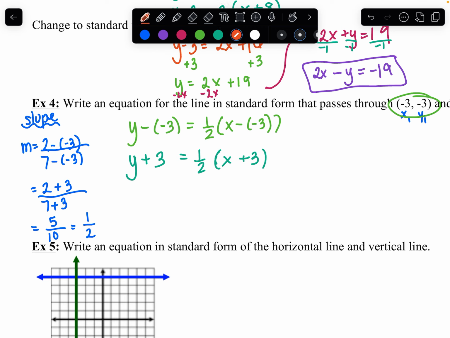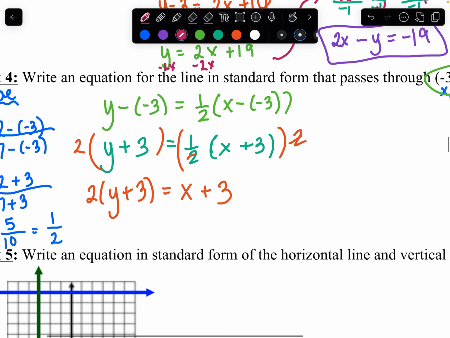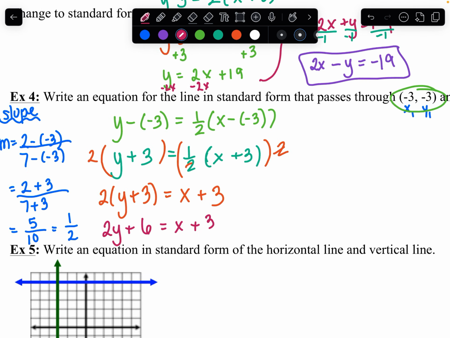We need to simplify, so we've got to clear out that fraction. We're going to multiply both sides by 2. In doing so, we would get 2 times y plus 3 equals, well, the 2's cancel out. That's the whole reason we're doing this. 1 times x plus 3, well, anything times 1 is itself. Now we're going to distribute in to get 2y plus 6 equals x plus 3.